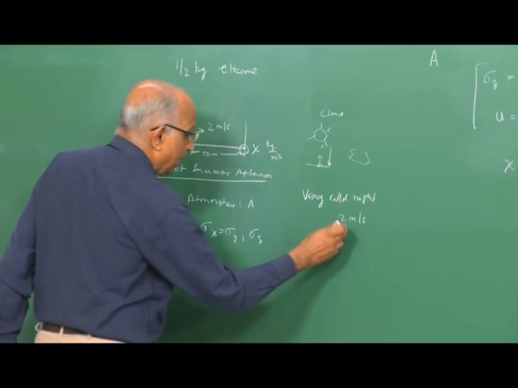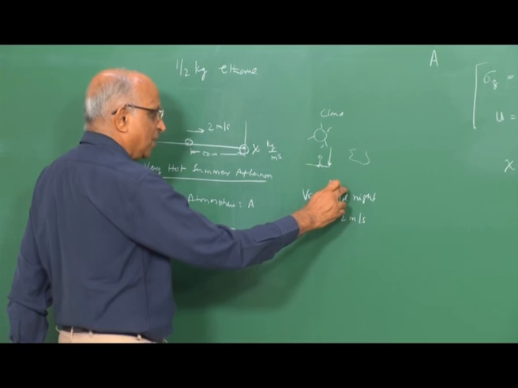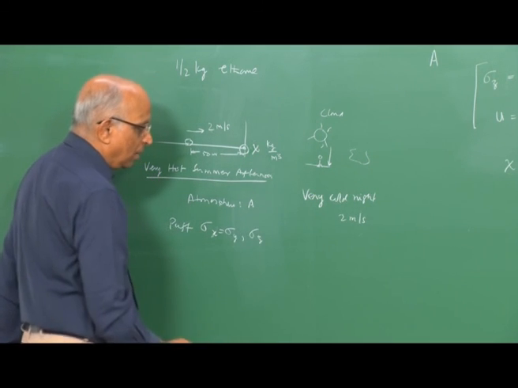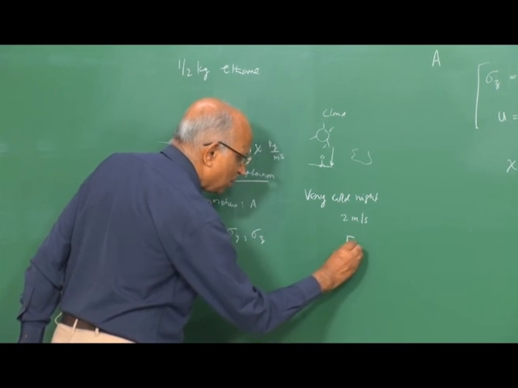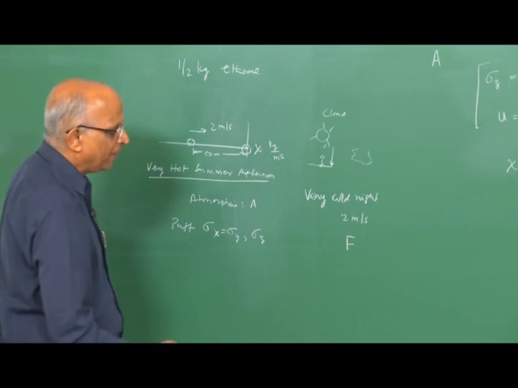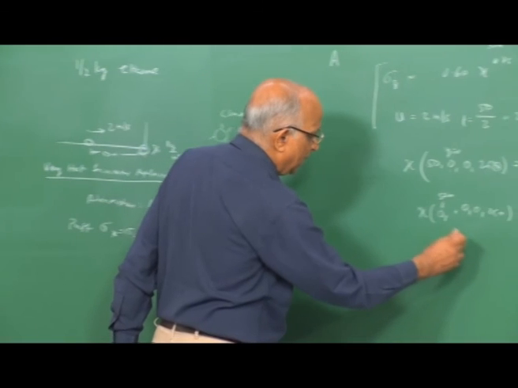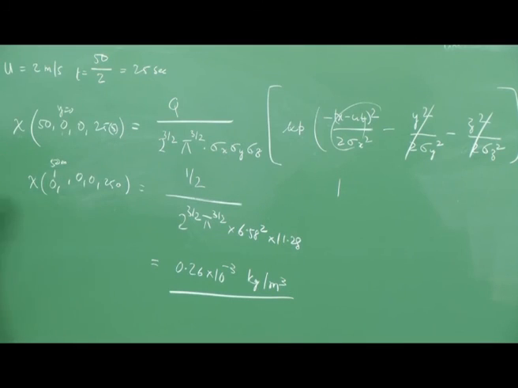Well, very cold night, maybe temperature of the order of minus 5 degrees centigrade or 0 degrees centigrade, and also this low wind speed. Well, this corresponds to the condition near to F, and let us now determine the value of the concentration for this very cold night. And what is it I do?